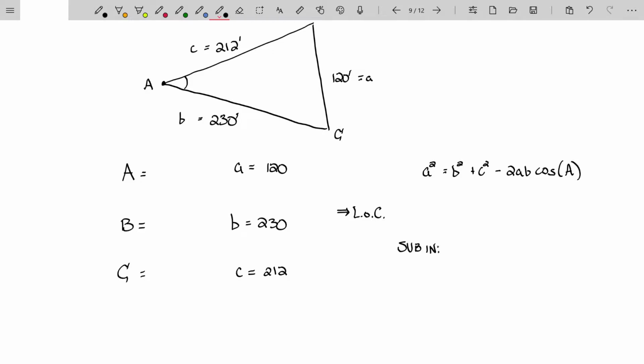So sub in, there we go. We get 120 squared is equal to 230 squared plus 212 squared minus twice 230 times 212 times the cosine of angle A, which we don't know.